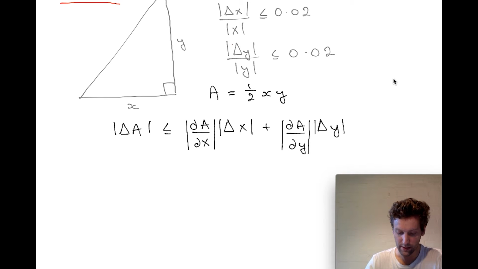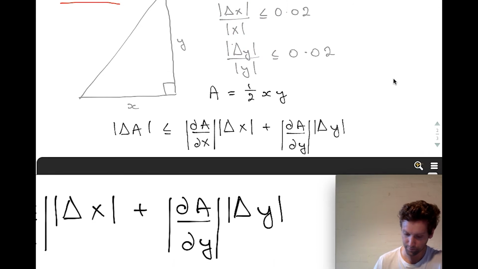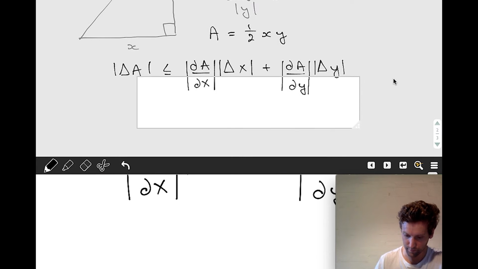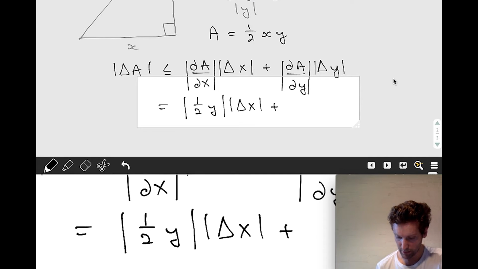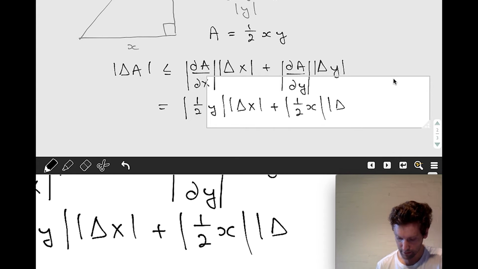So let's see what dA/dx and dA/dy are and substitute those expressions into this formula. So we have this is equal to dA/dx, which was 1/2 times y, multiplied by delta x, plus dA/dy, which is 1/2 times x, multiplied by delta y.